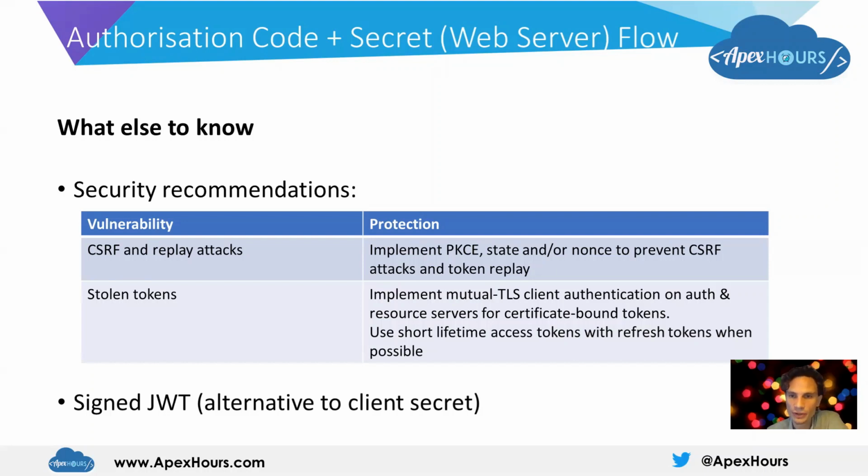These all provide slightly different protections, and the best protection would be to use all three. There are some feasible attacks that would require all three to be in place, but certainly some combination of these. So nonce if OpenID Connect is being used, proof key for code exchange if it's a typical OAuth integration.